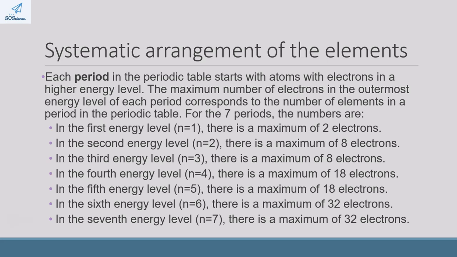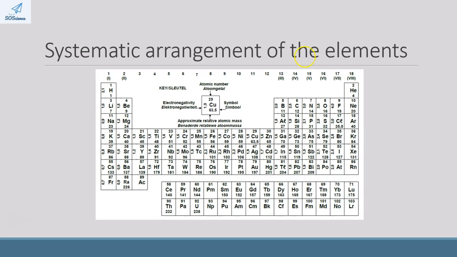Now, each period in the periodic table starts with atoms with electrons in a higher energy level. What do I mean by that? Let's go to the periodic table. So over here, we have period 1. In period 1, we have hydrogen and we have helium.